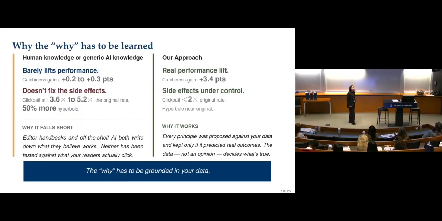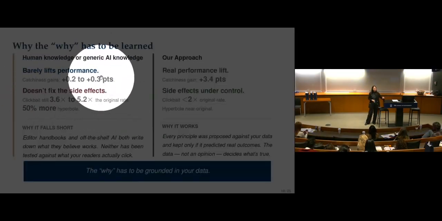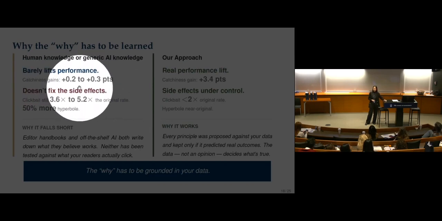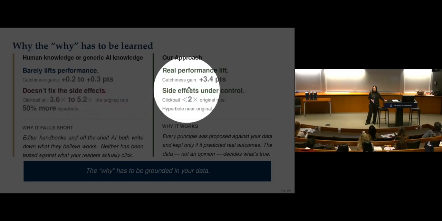And in addition to that, we compare with the other option. Remember, I promised you I will compare with option A, where we just ask a human editor to write the guidelines, or we directly ask the LLM to do some reasoning and create a set of baseline guidelines. And then we compare with them. If we use human knowledge or very generic AI knowledge, it barely lifts the performance and doesn't fix the side effect, compared to ours.